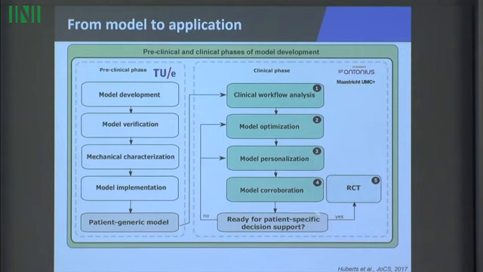If I have too large a bias, my model is not okay, so I need to improve my model. If the uncertainty is too large, I need to improve model personalization. I need to improve my measurement protocol and to get better measurements. And sometimes I need to do both. So iteratively you go until you have a metric that can be used in the clinic.